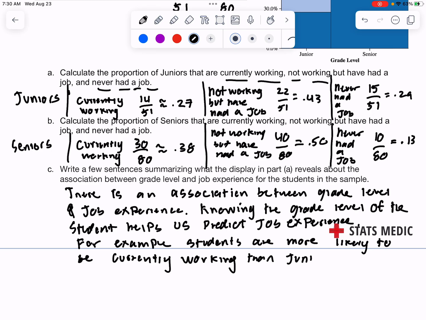And if you wanted to put the exact numbers, well, we have those numbers. We have 0.38 versus 0.27. Okay, so that concludes this video on Mosaic.